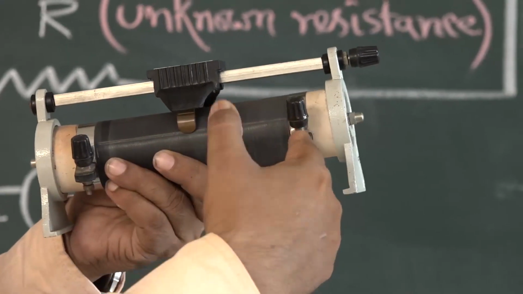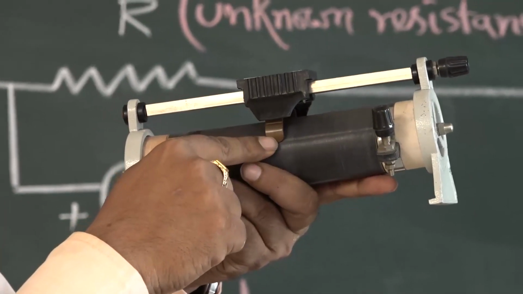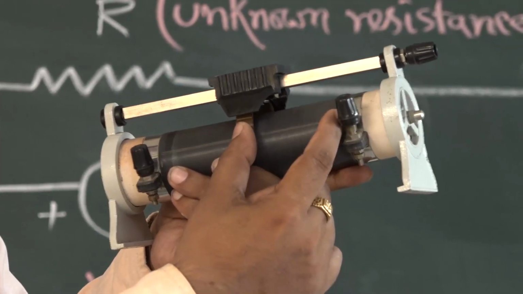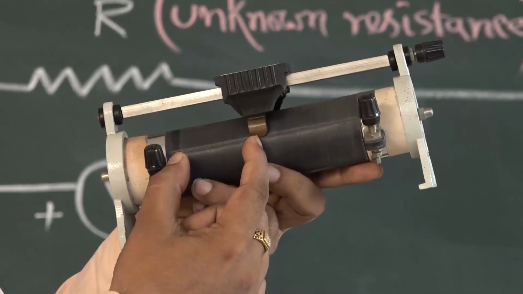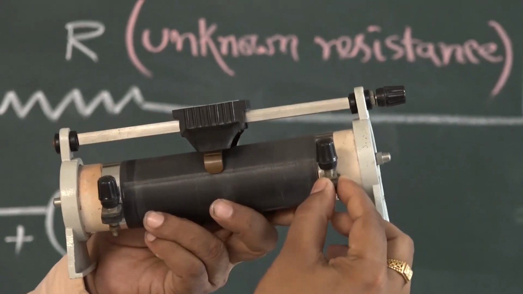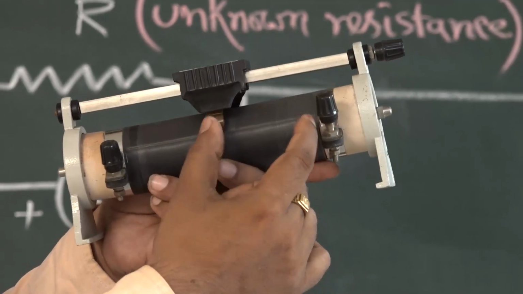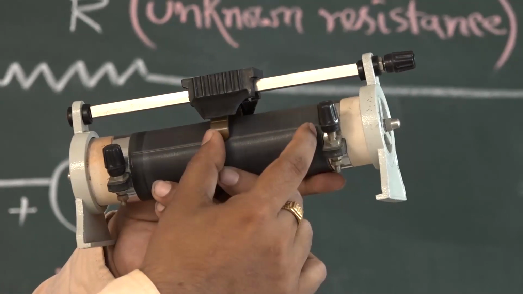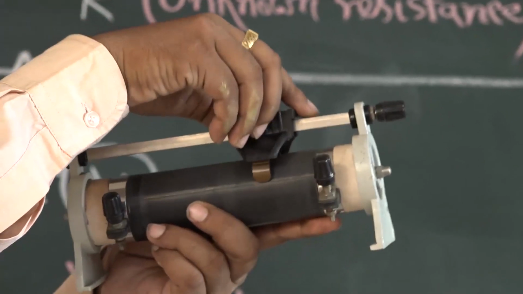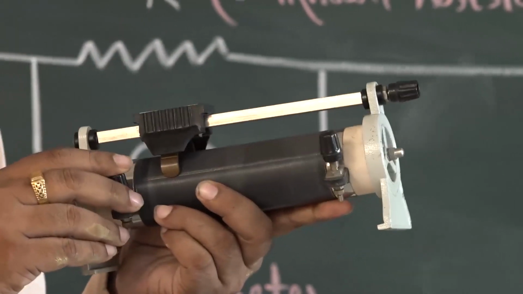One terminal goes here, another goes towards the slider. How much length is covered, that much resistance will be effective in the circuit; the rest of the wire will not be counted. Suppose one terminal is this one and another is this one, then the resistance will be counted from this end. So this acts as a potential divider circuit, known as a rheostat. By varying the resistance in the circuit we can control the current. This is about the rheostat.